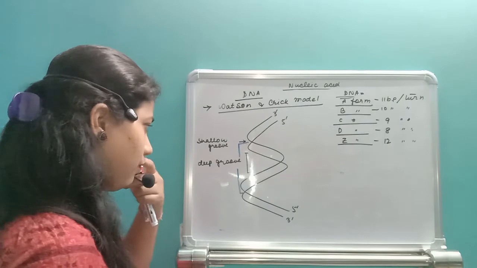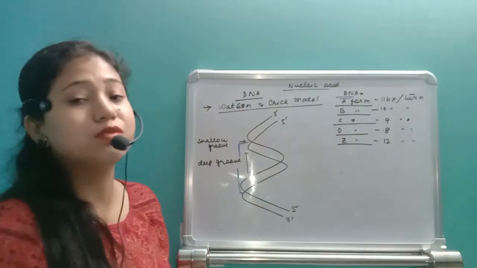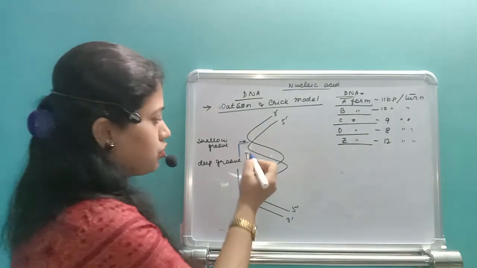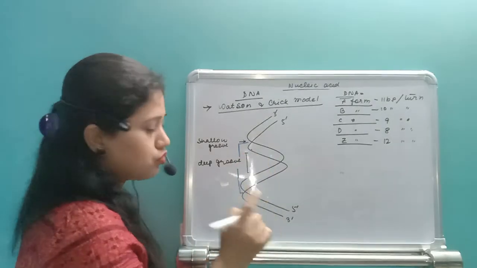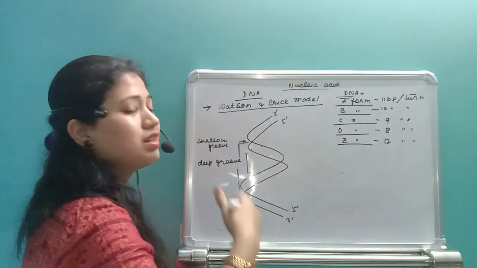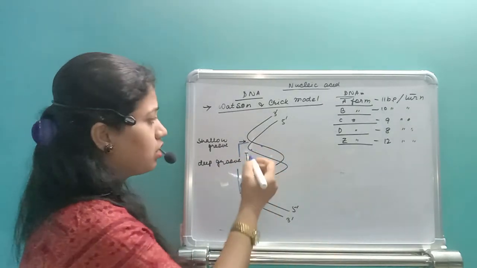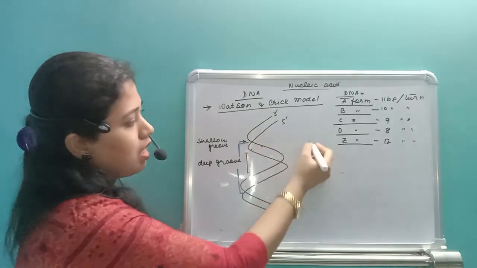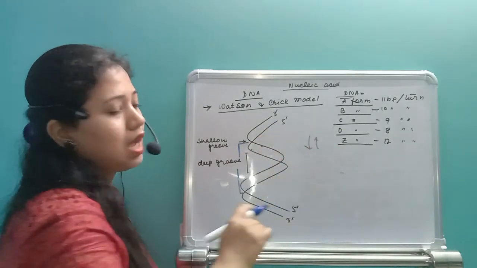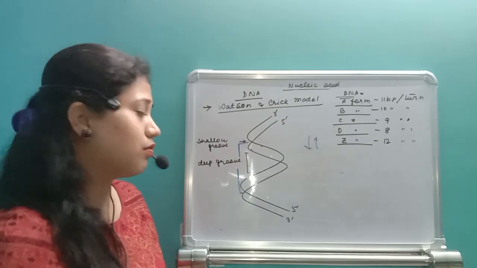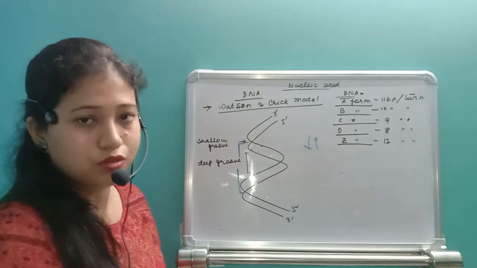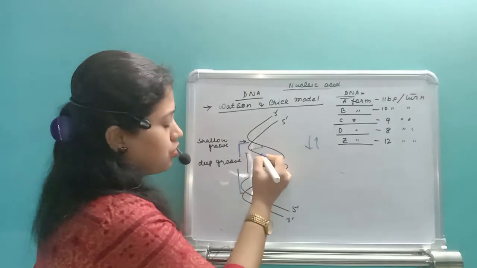And in one spiral, how many nitrogenous base pairs occur? Here a nitrogenous base will be, suppose, 1. It will make bonding with the next anti-parallel chain. As it is a 3 prime and 5 prime end, it is already anti-parallel. So with the anti-parallel chain, it is going to make a hydrogen bond. I already told you in the earlier structure.